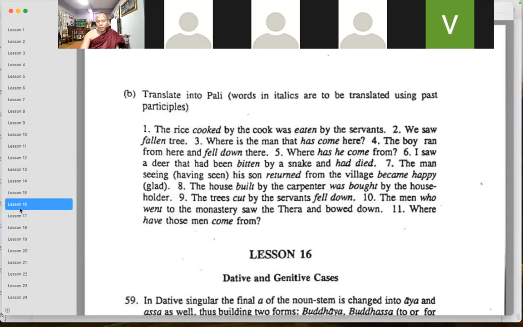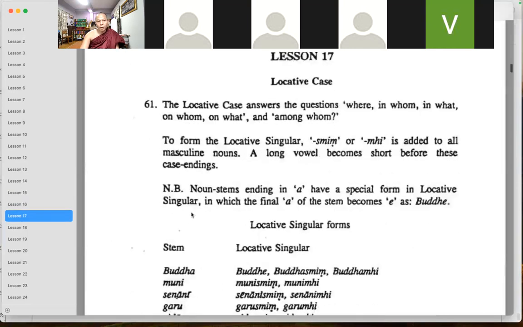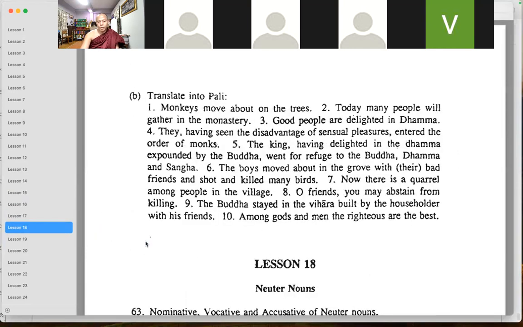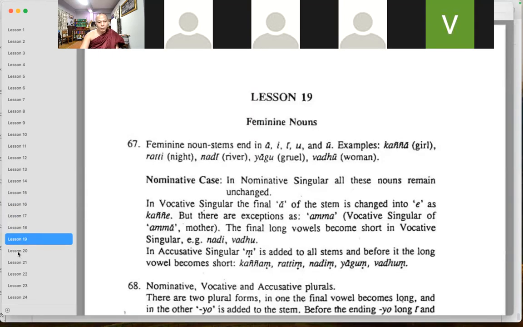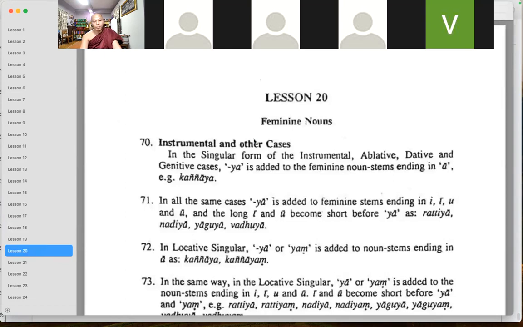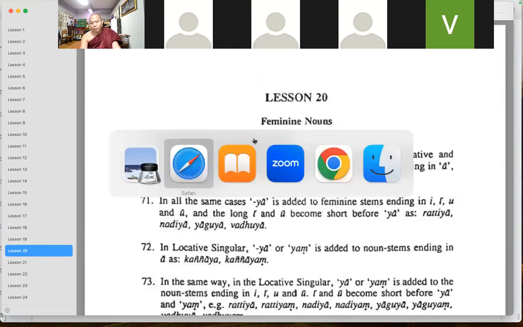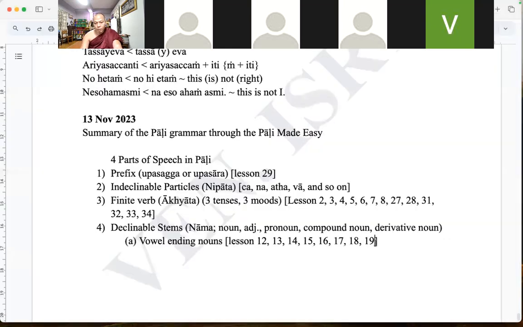So lesson 16 is dative, 17 locatives, 18 is neuter now. And then 19 and 20 are about the feminine. So all of them are about the vowel ending.